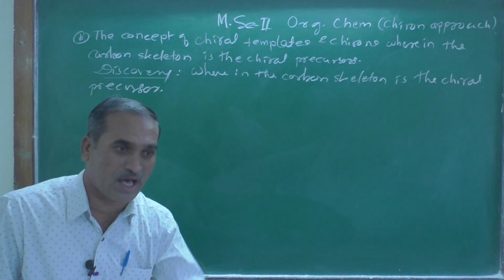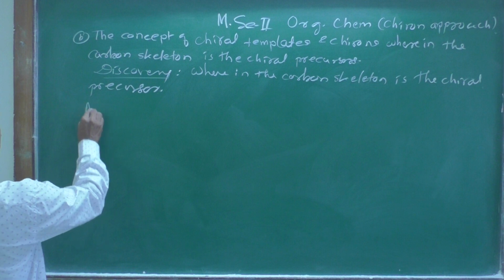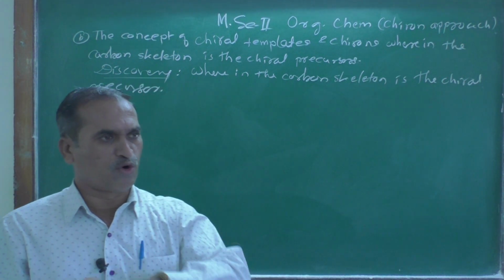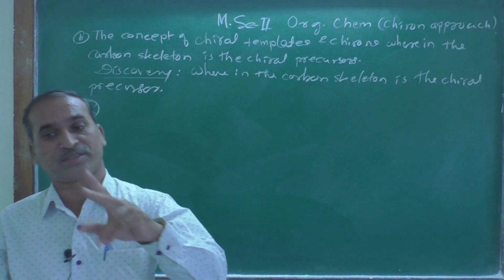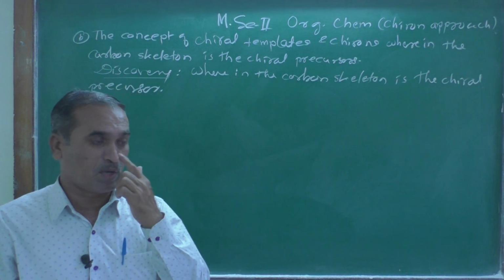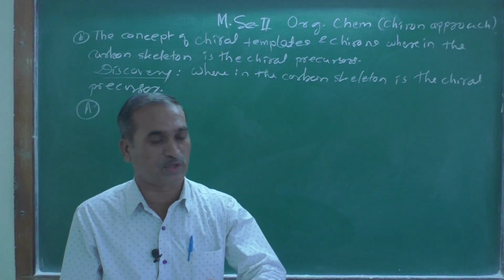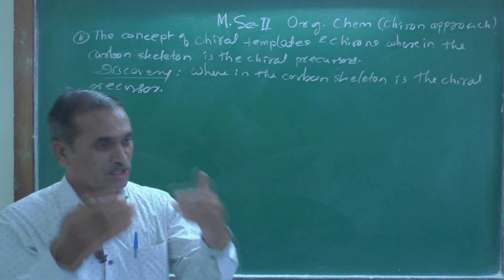Precursor means a starting material, and mainly we are going to learn four chiral precursors. Number one is carbohydrate, second is alpha amino acid. Alpha amino acids are used as building blocks for the synthesis of protein and nucleic acid. Then hydroxy acid, then terpene.